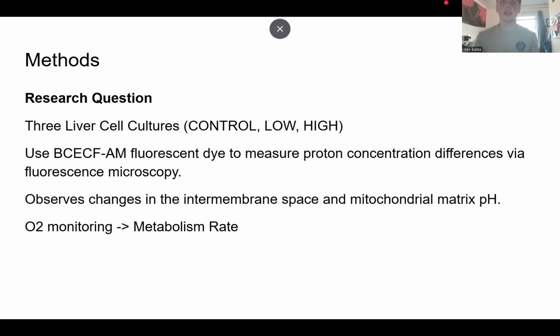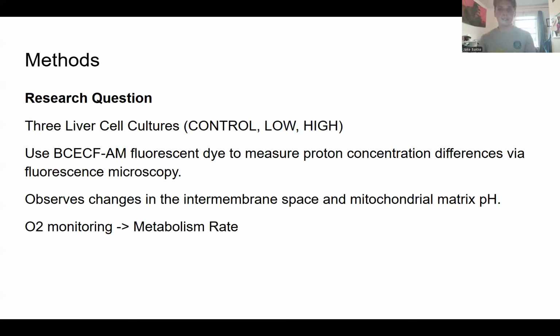So my research question was, we were hoping to better understand how amiodarone specifically interferes with the cell's ability to produce energy, particularly by disrupting the function of the electron transport chain within the mitochondria. We believe that this dysfunction stems from a disruption in the proton gradient, which is essential for the activity of several key protein complexes involved in cellular energy metabolism.